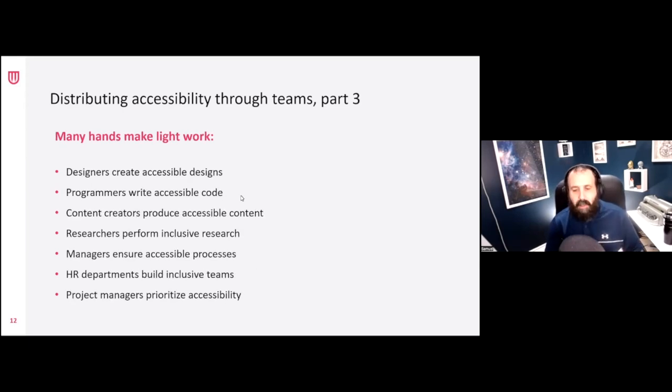We need to get to a place where designers create accessible designs, programmers write accessible code, content creators produce accessible content, researchers perform inclusive research, managers ensure accessible processes, and HR departments build diverse teams so that project managers can prioritize accessibility, because accessibility is a process and a journey, not a one-off.